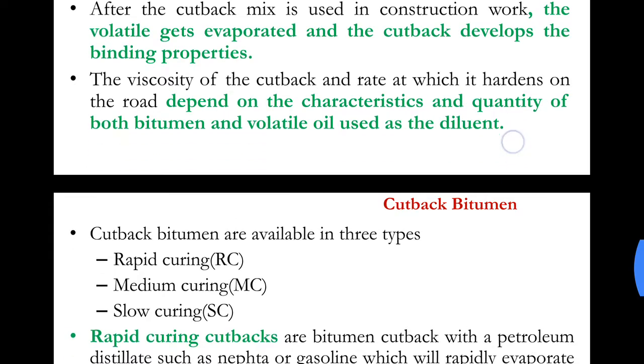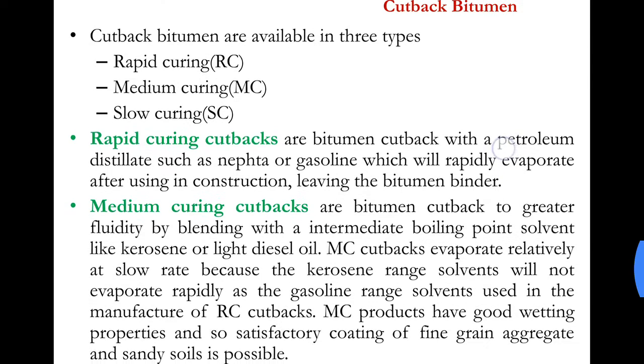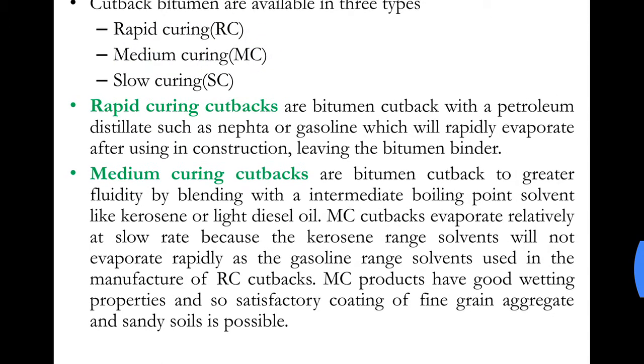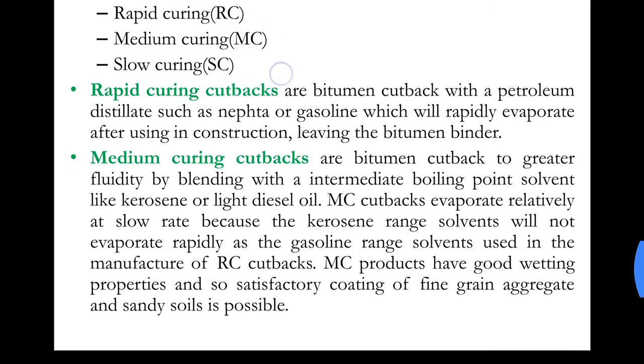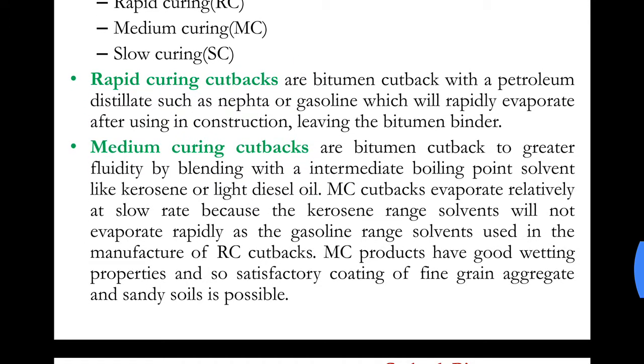Now we have classification of cutbacks. We classify cutback into three types: rapid curing, medium curing, and slow curing. These three classifications are based on the type of diluent which is used.